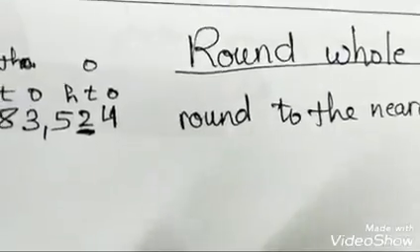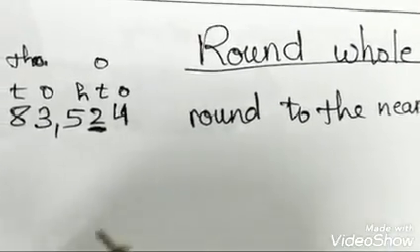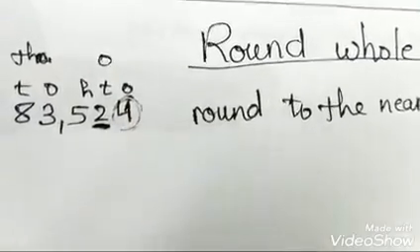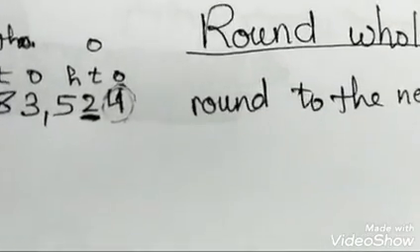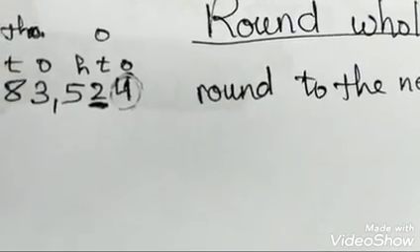Okay, I will have a look at the digit to the right side, which is 4. Make a circle on it. Okay, this 4 is less than 5, so this is a poor number.